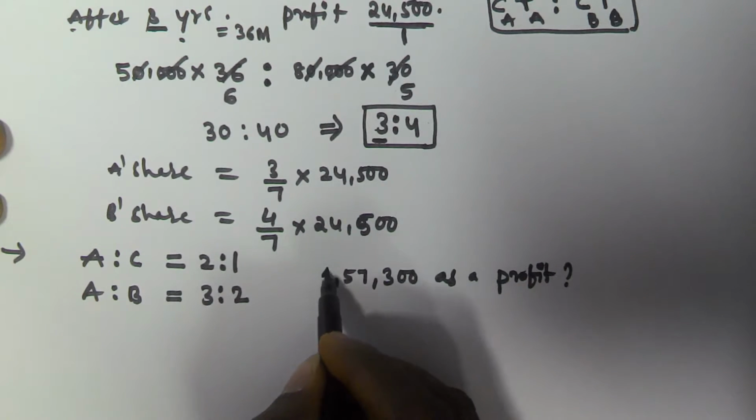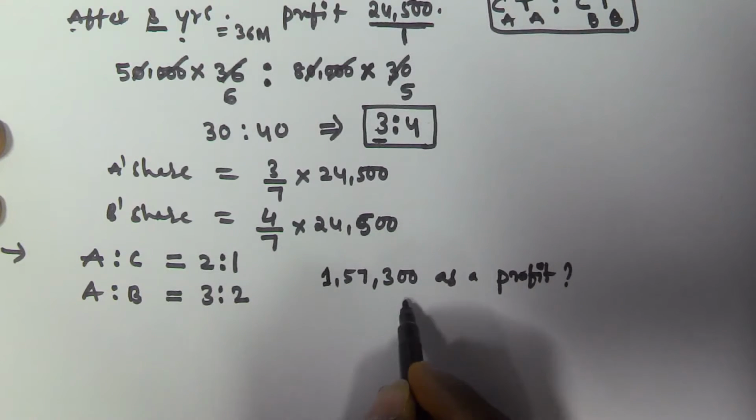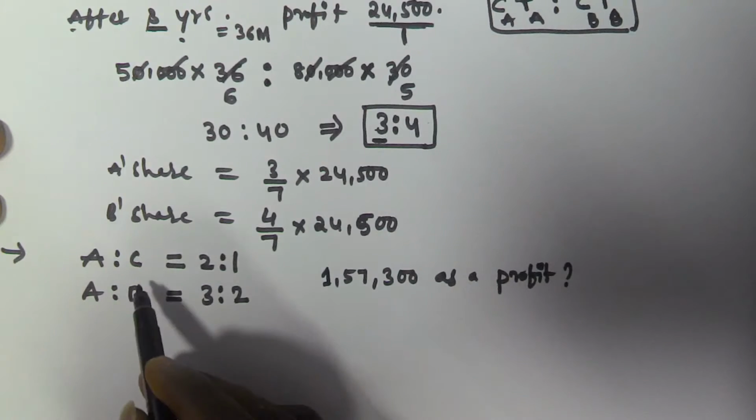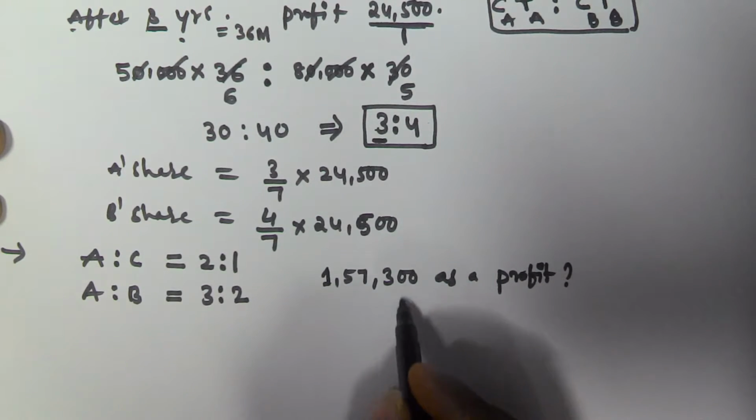At the end, if they got 1,57,300 as a profit, then we have to find the shares of A, B, and C in this profit.